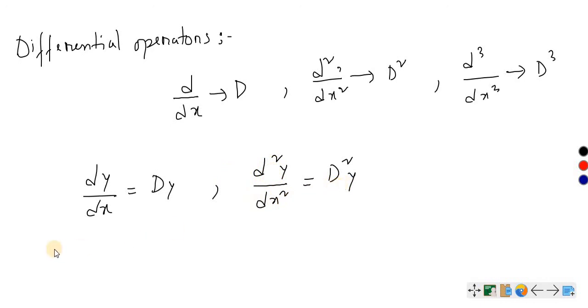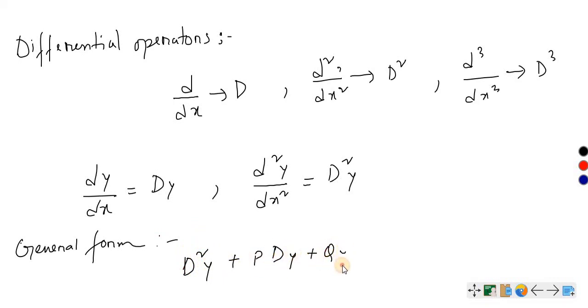So the general form of the differential equation will become D square y plus p Dy plus qy is equal to R. Certainly I can write this.